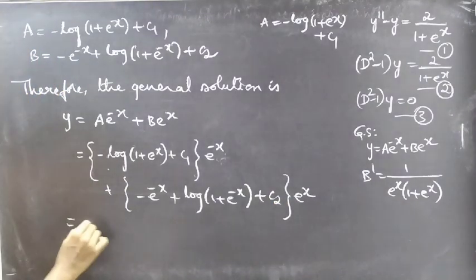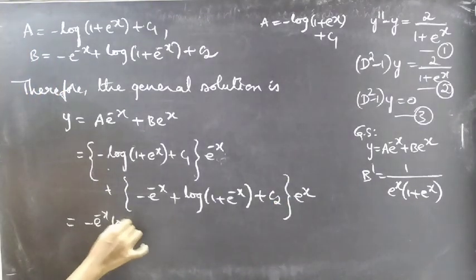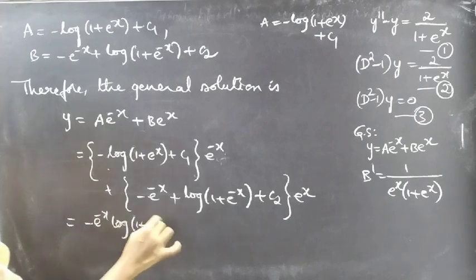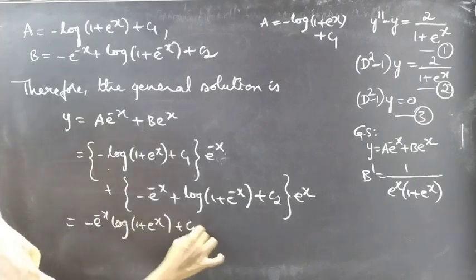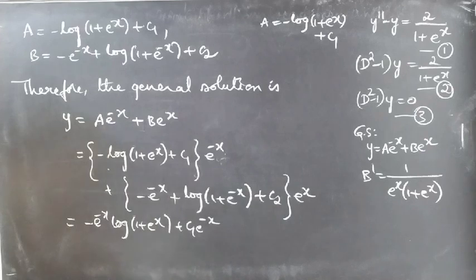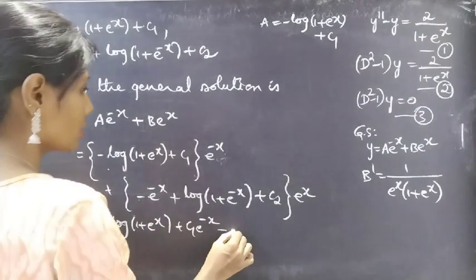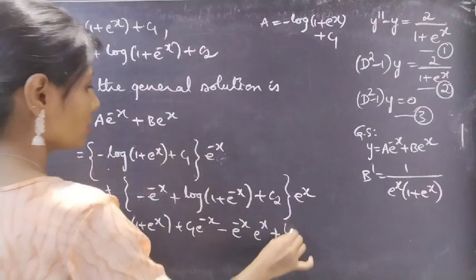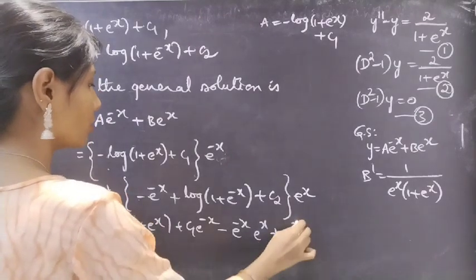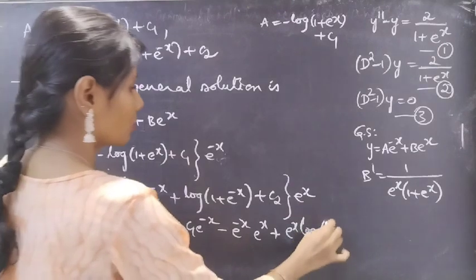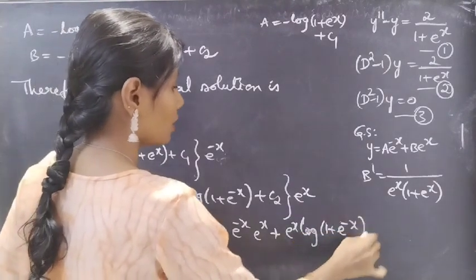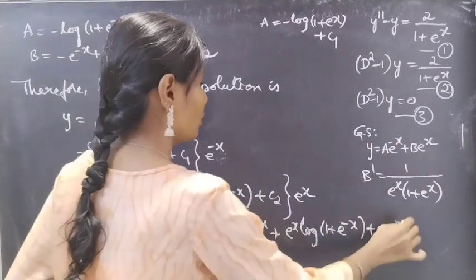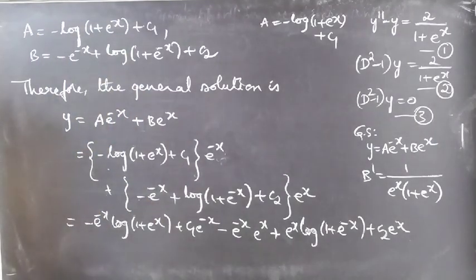This equals to minus e power minus x log of 1 plus e power x plus c1 e power minus x plus minus e power minus x into e power x plus e power x into log of 1 plus e power minus x plus c2 e power x, right?